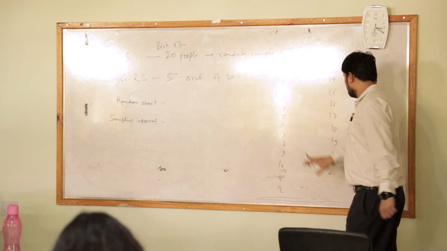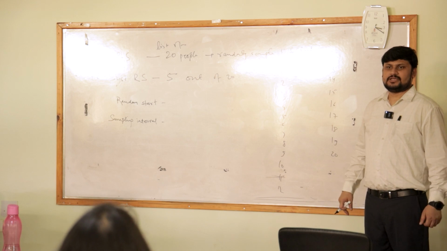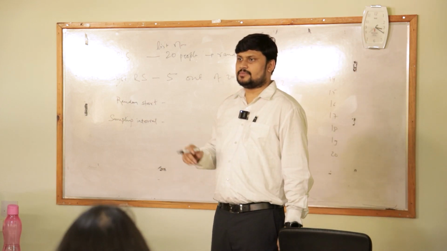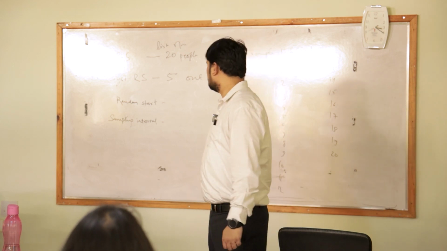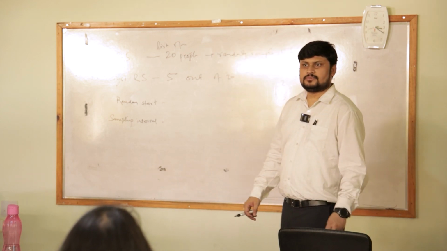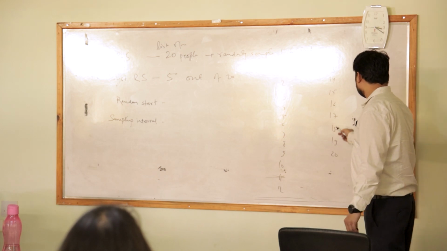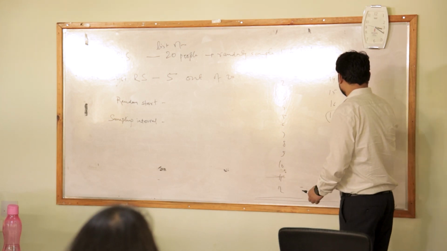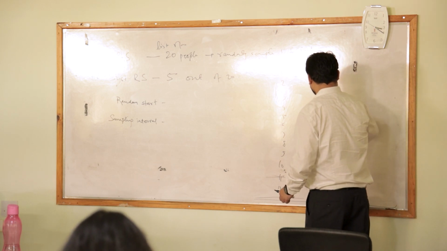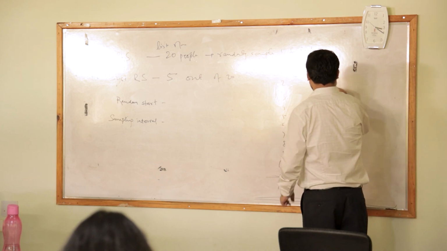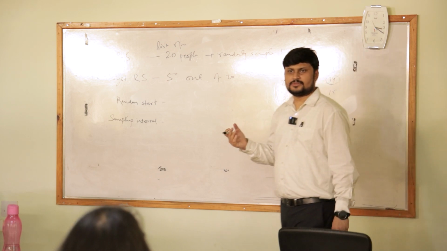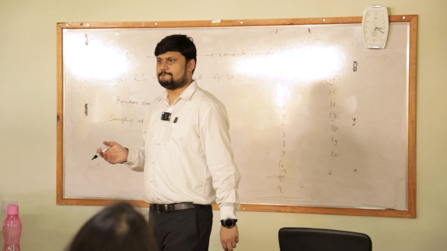What is a random start? If I go to Excel and simply generate a random number between 1 to 20, it will throw a result. Let's say the first number is 14. That is the random number that you've chosen between 1 to 20.